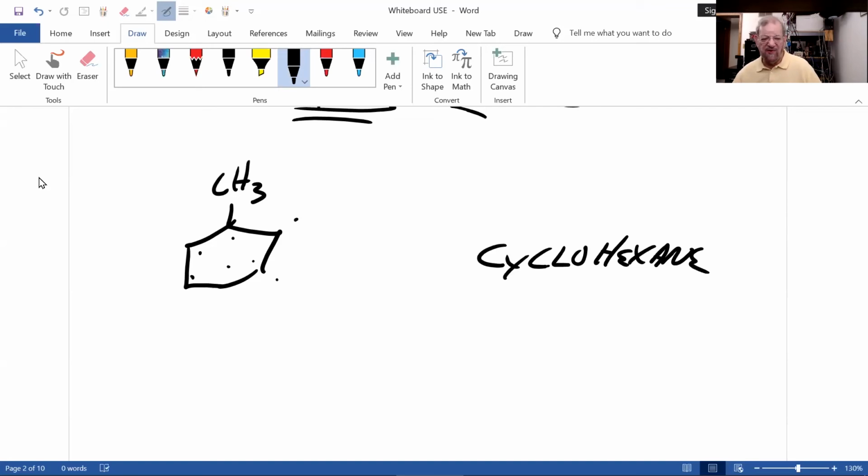And we have a methyl group. So it's methylcyclohexane. That looks better. Now, students want to put a 1 there. They say that's 1. And the answer is no, no number needed here because there's only one alkyl group substituent on the ring. Let me draw this molecule.